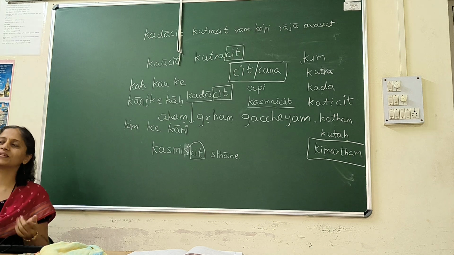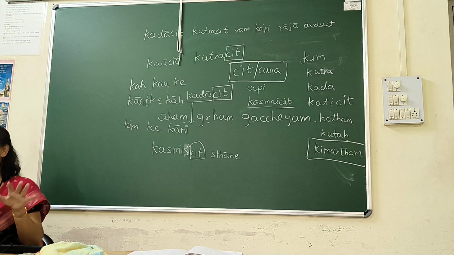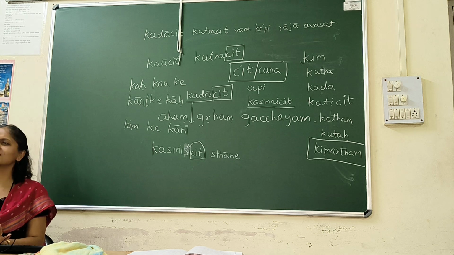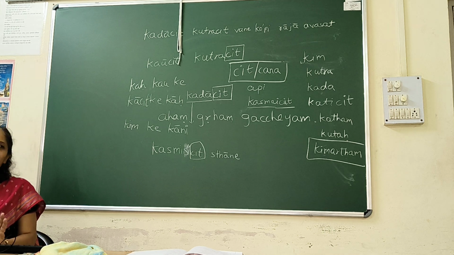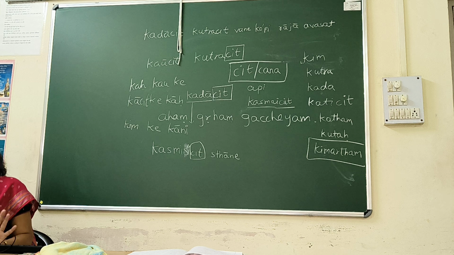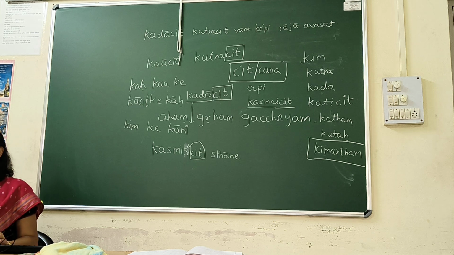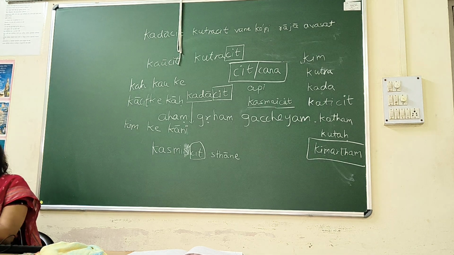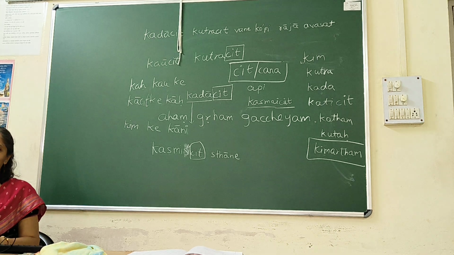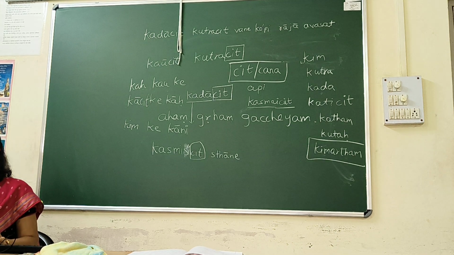I am trying to give you as many examples as possible to make sure that you understand. But actually it's a very small point. What point is it? That by adding chit, chana and api, you achieve an indefinite meaning, which is very much used in Sanskrit literature.